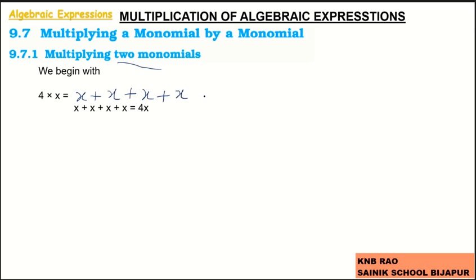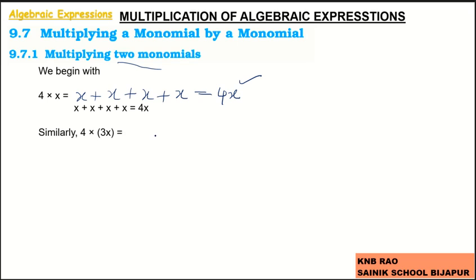That is 4 into x, which is equal to 4x. 4 into x is nothing but 4x. And you know multiplication fact, how to multiply two numbers. Now you are learning how to multiply variables or algebraic expressions having both numbers and variables.